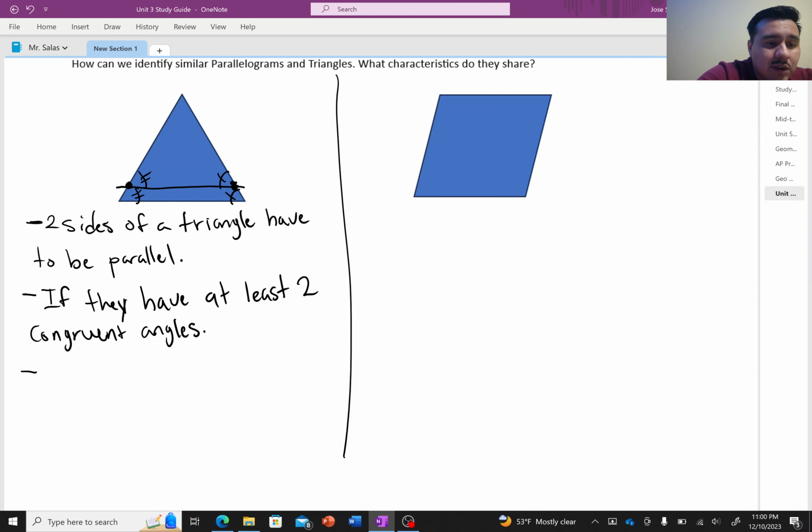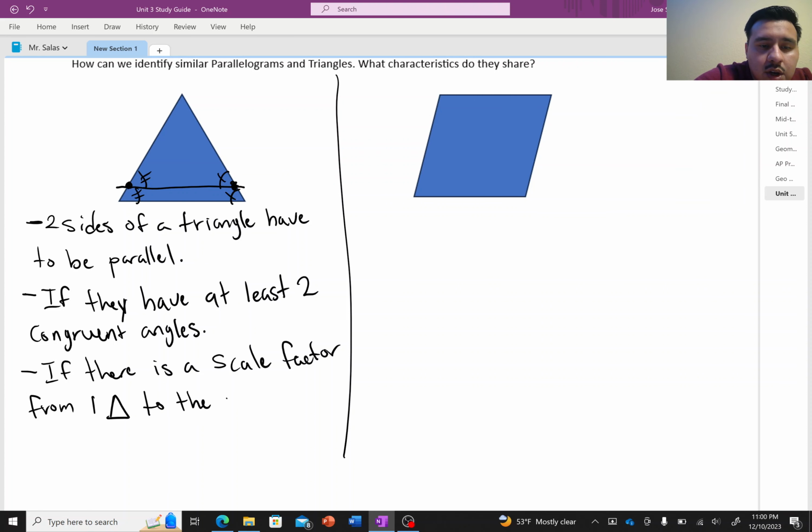And the last and final way that we learned to identify similar triangles is if there is a scale factor from one triangle to the other.